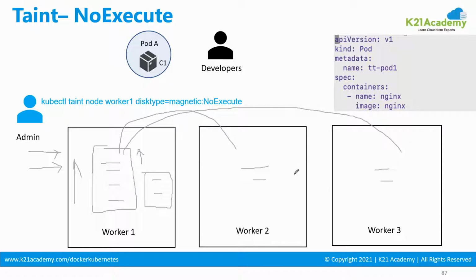Unless you specifically say to go back, you would have to evict from worker 2 again, which creates a problem. So let it be. If you want to push them back, you can scale down and scale up again. The pods will start coming on the worker. So there are ways to get it back.